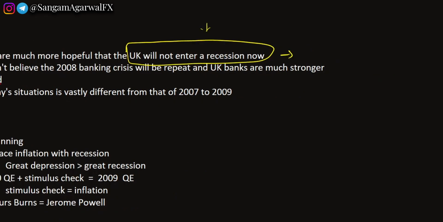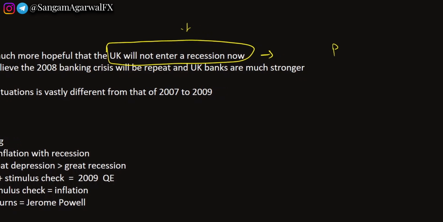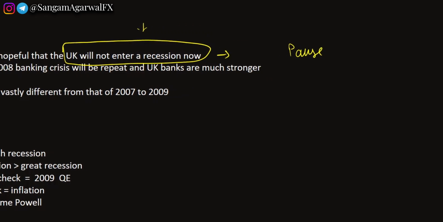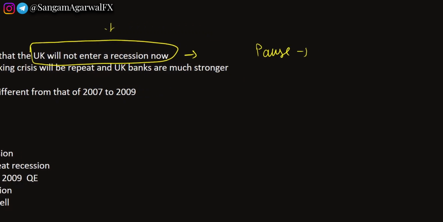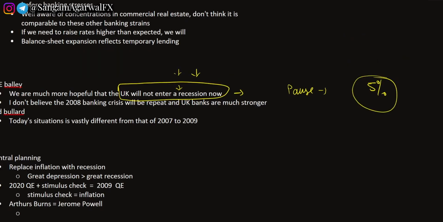Even if the Bank of England does nothing and pauses interest rates, they are part of globalization, and all the central banks together are hiking interest rates, especially the Fed, whose interest rate is now 5%. And when the US goes into recession, they are not aliens and they do not live on another planet. They cannot avoid recession.